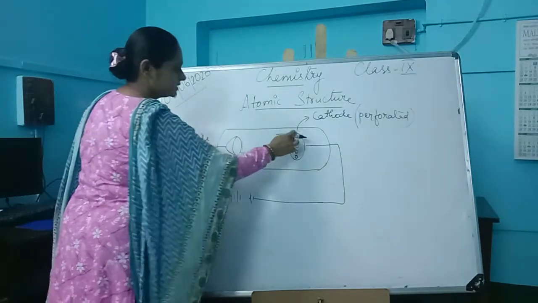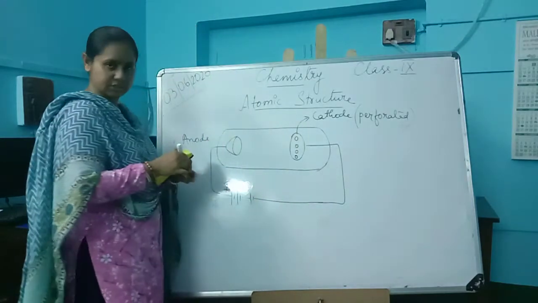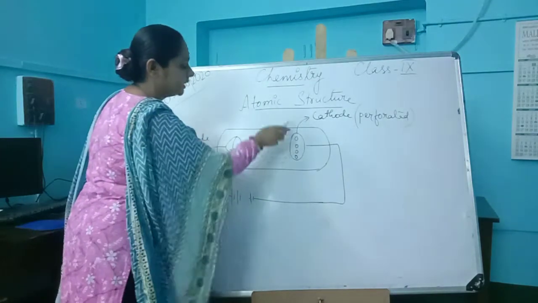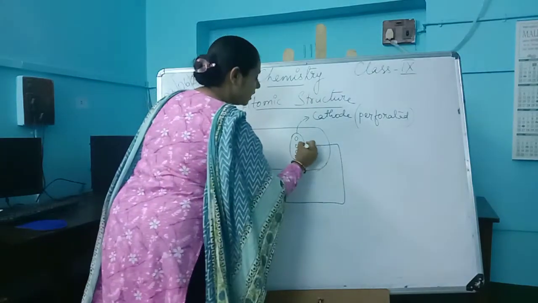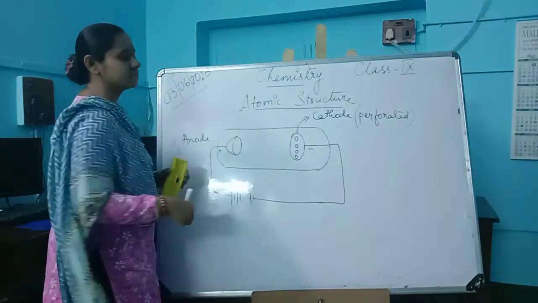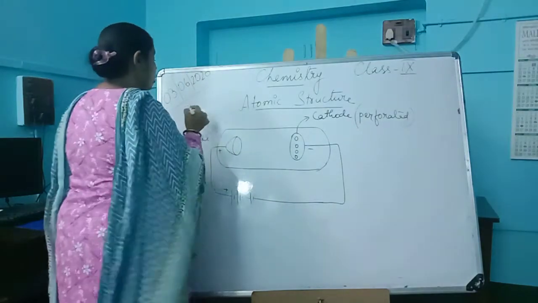The reason is that this cathode has small holes inside it. That is why we call it a perforated cathode. Now see what happens.